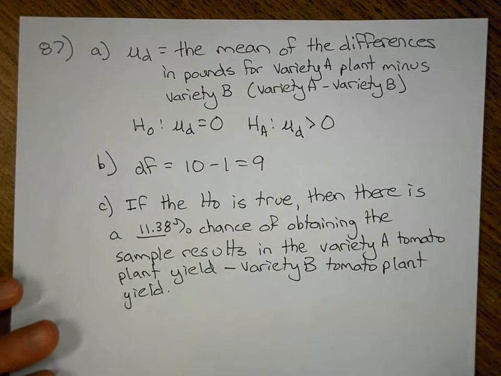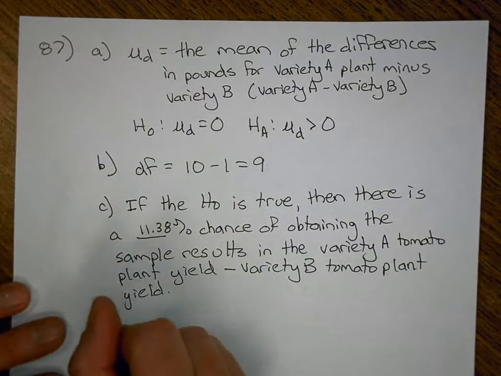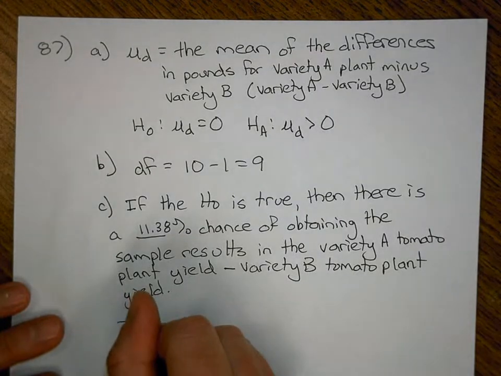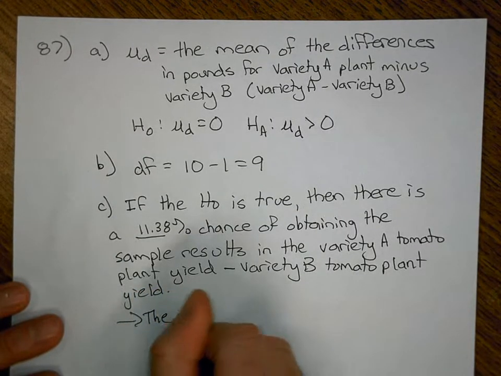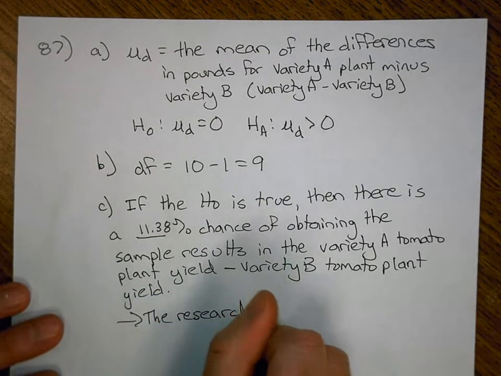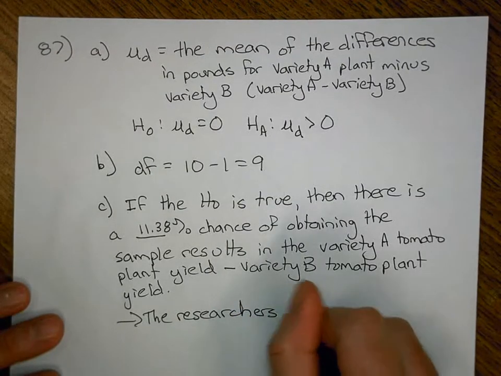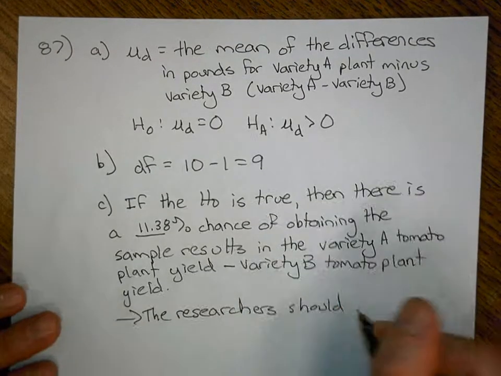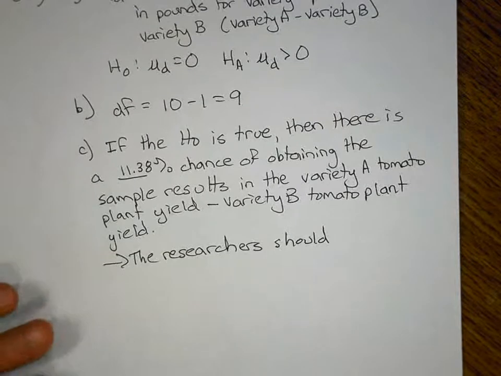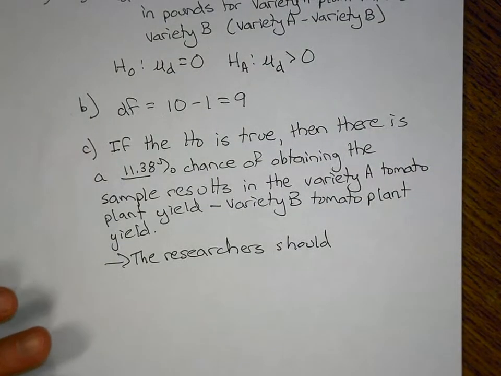What conclusions should the researchers draw? The researchers should, Adam, what should they do with the p-value of 11 point? Still reading. Oh. There's an 11.3% chance of obtaining sample results in the variety A tomato plant.